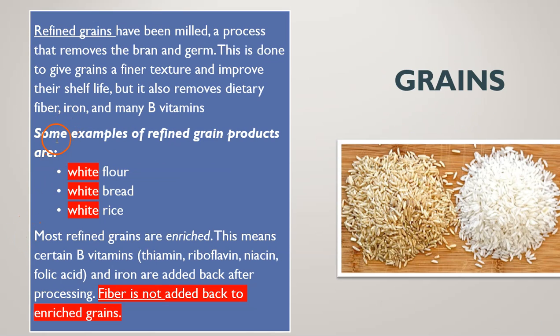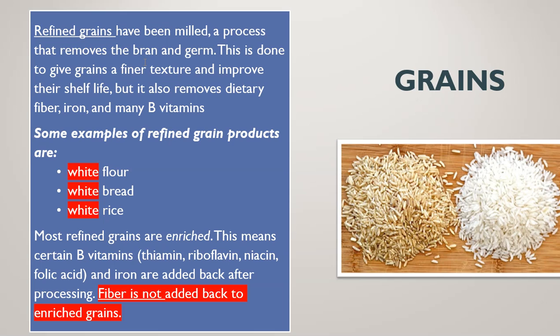So, with regard to refined grains, I've got a pretty good blurb here on what refined grains are. Really, just to break it down, refined grains have gone through this process called milling. The reason for that is when a grain is milled, what you get is food that has a much finer texture.